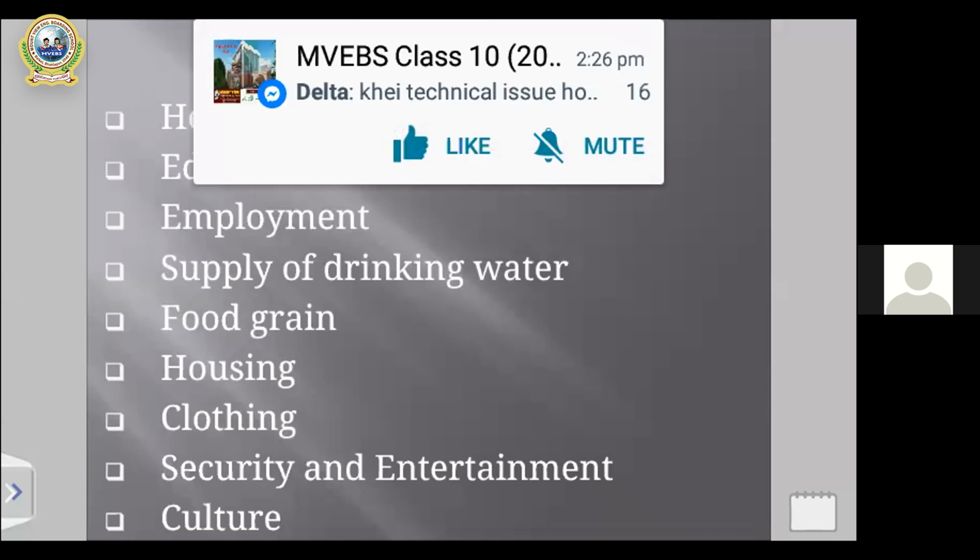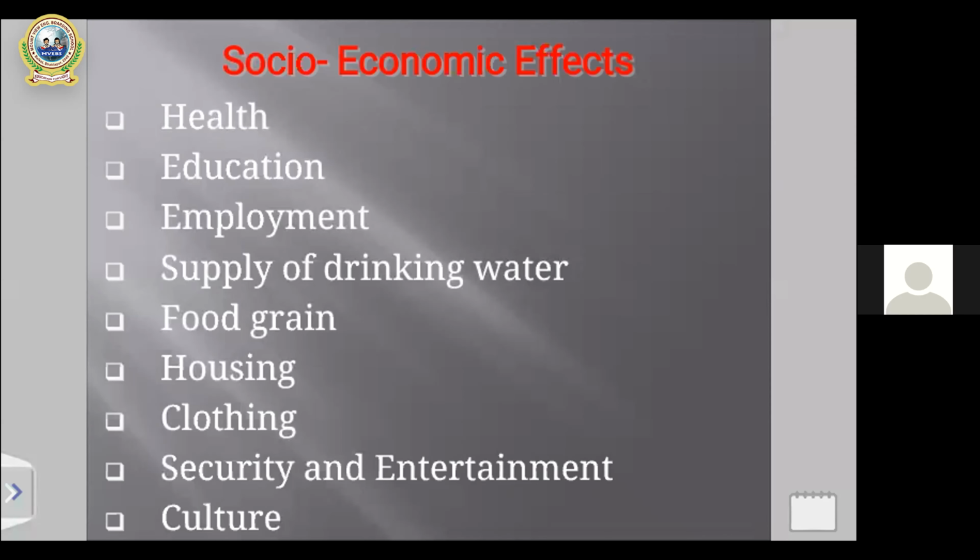Eriga shared her view about clothing. That's also one of the side effects of rapid population growth rate. Like housing, clothing is also one of our needs in our daily life.